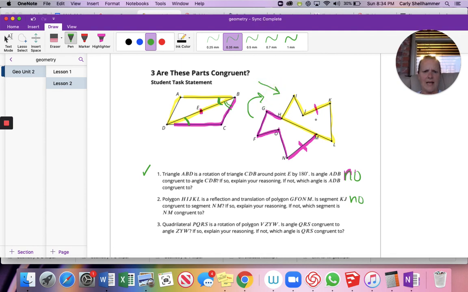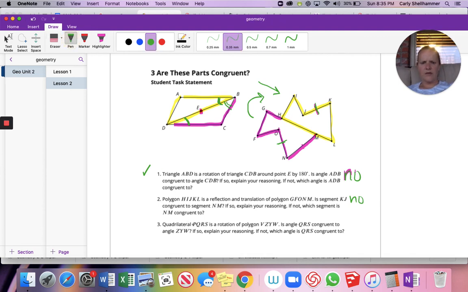So that means that KJ corresponds with ON. Okay? Not that one. Okay, because they're corresponding. It's a reflection and then a translation, so they're corresponding.